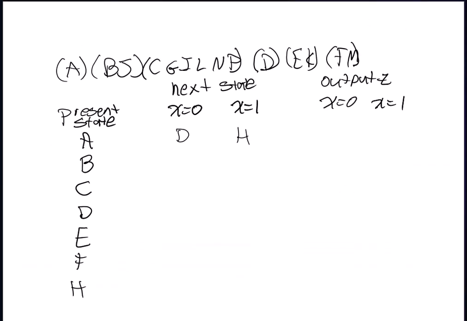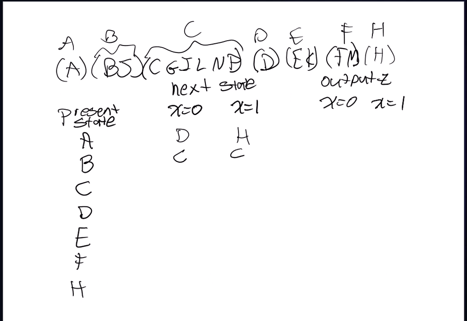So C and I are both in this partition, which we labeled C. We labeled this one B, A, D, E, F, and it looks like I left out H here as a partition, but that was one as well. So it was C and I, and so those are both partition C.